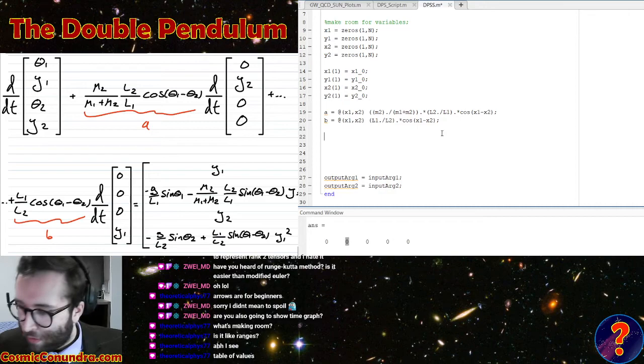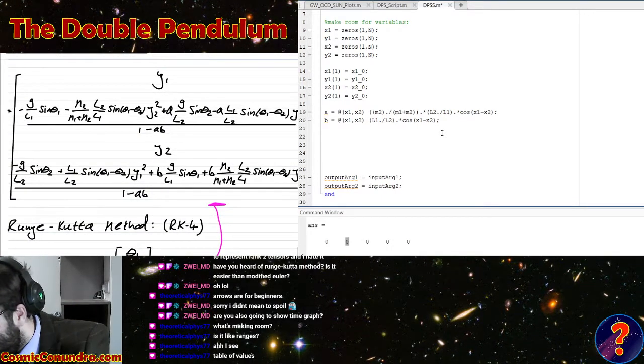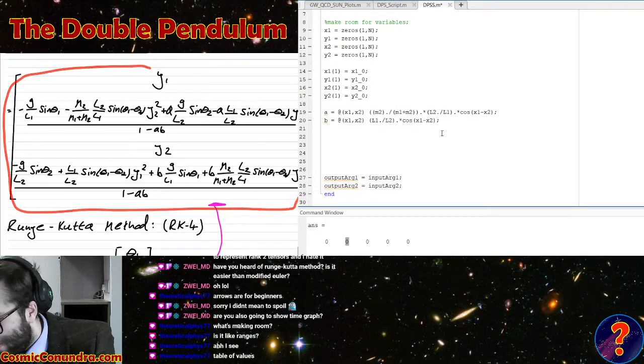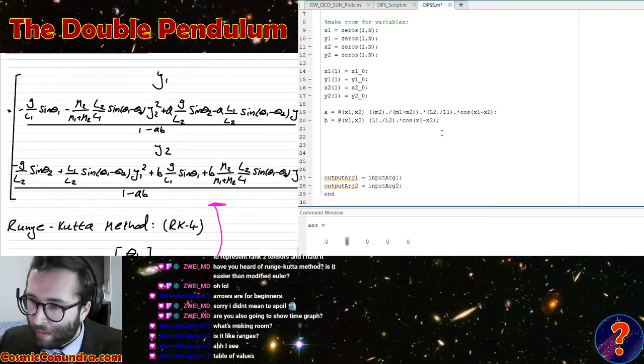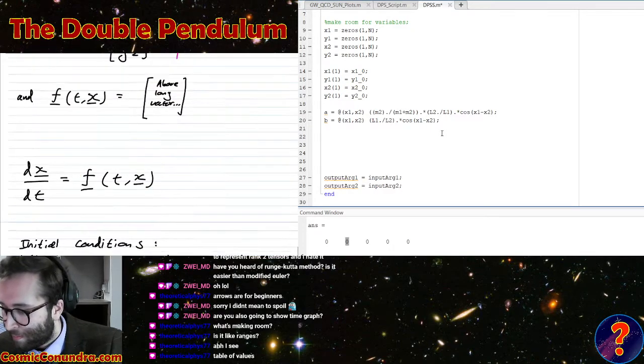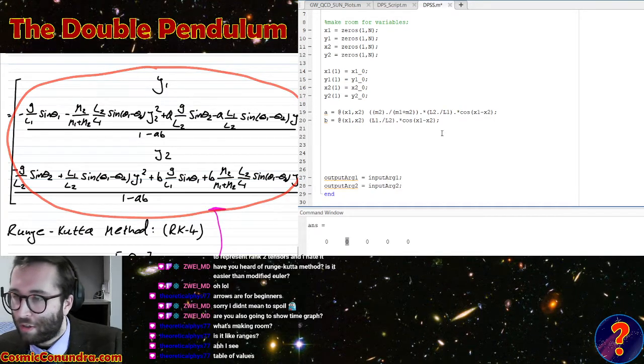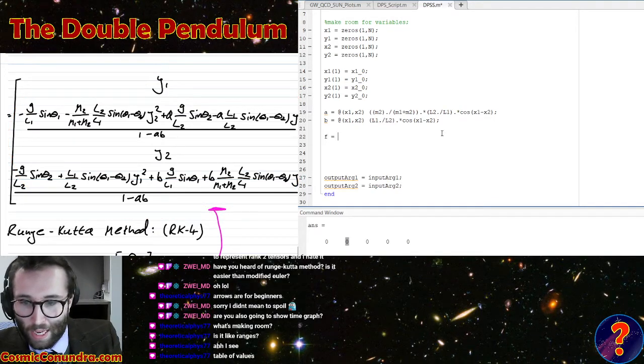Then I have to program in this entire ugly vector F. This thing that I called F in this Runge Kutta, like this. So I have to put in this entire vector, which is incredibly long. So again, I don't want to do this.